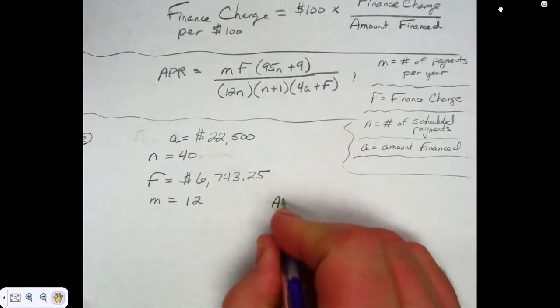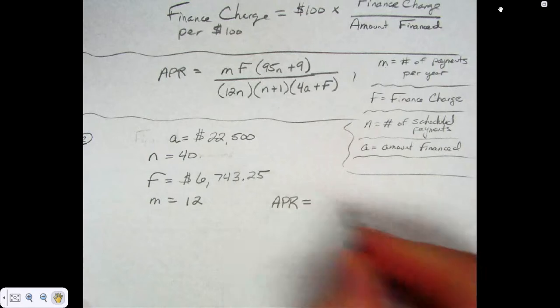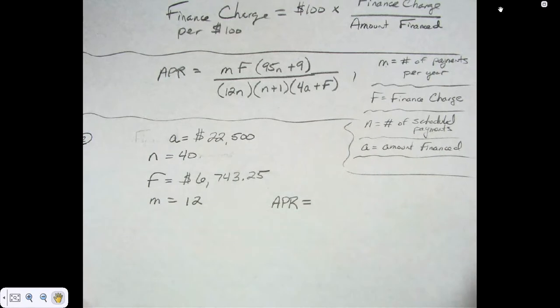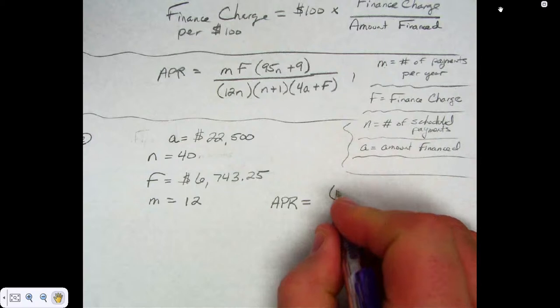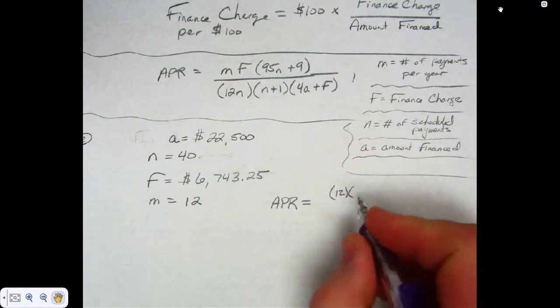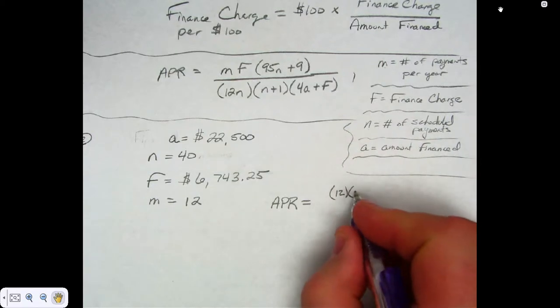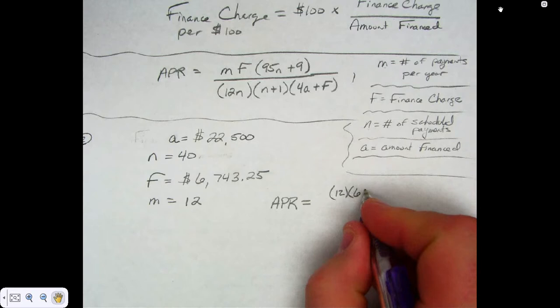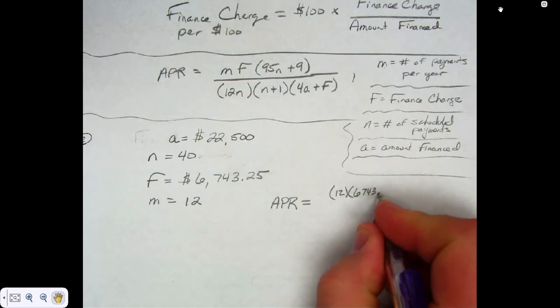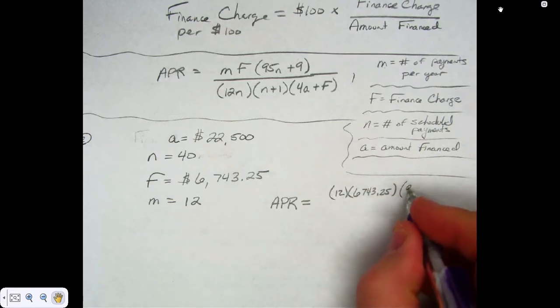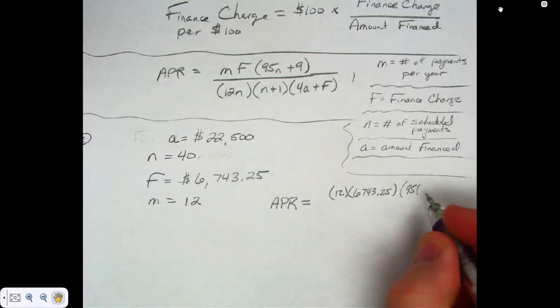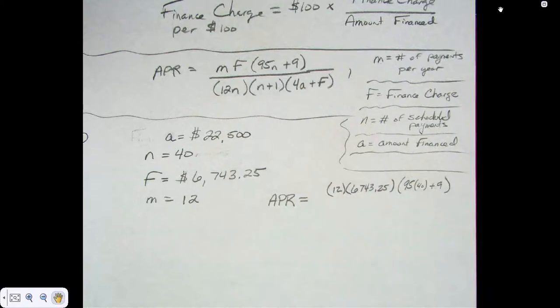Now it's just a matter of putting it into that formula and using order of operations correctly to get a correct number, because it is a big formula. So you put 12 here times F. F is what? 6743.25. And then we put 95 times what's N? 40 plus 9, all of that in parentheses. That's what's up top.